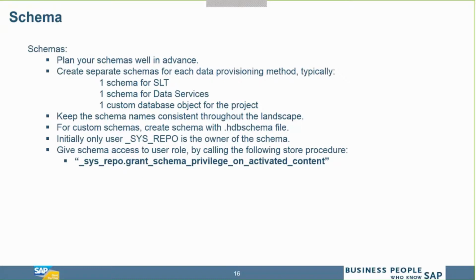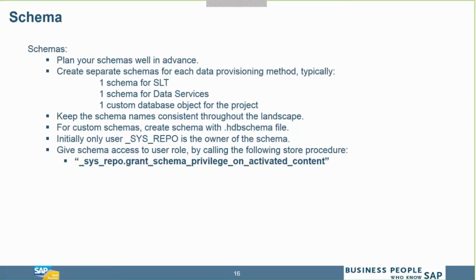So another thing is you can create a schema by directly writing a CREATE SCHEMA SQL statement, but I would strongly suggest that any object that you're creating in a project, make sure it's a design time object. So HANA provides us these design time objects for schema. It is the HDB schema file. So you create it using that.